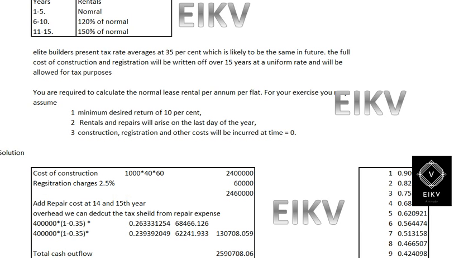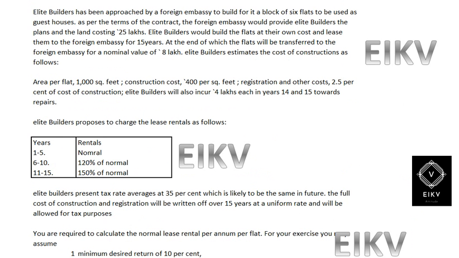So guys, this is a question in which Allied Builders has been given land costing 25 lakhs, and they need to build flats, and such flats should be transferred to the foreign embassy for 8 lakhs as nominal value after 15 years.